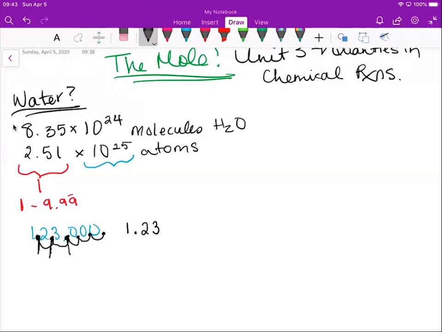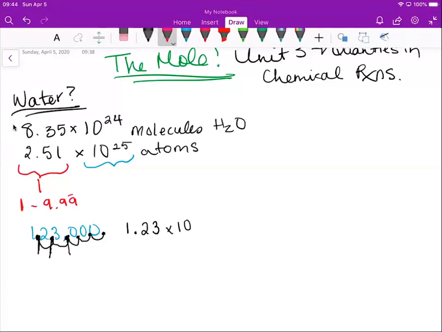Now, of course, 123,000 is not 1.23. So we need that times 10 to change 1.23 to being 123,000. Well, how many spaces did you move? You moved 1, 2, 3, 4, 5 different spaces.